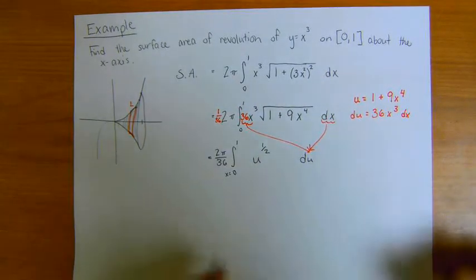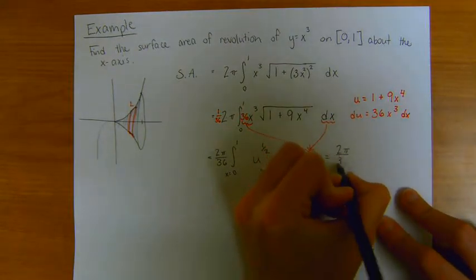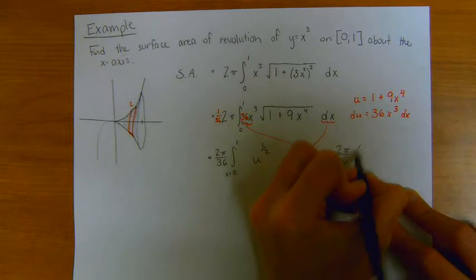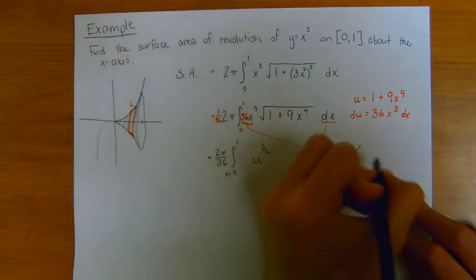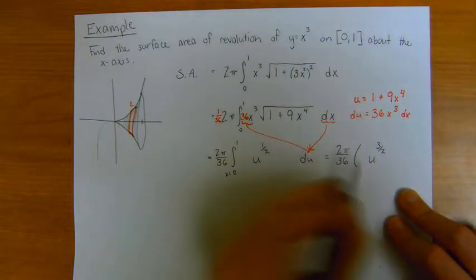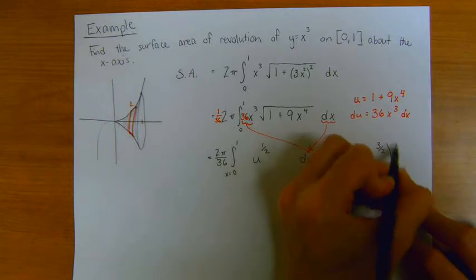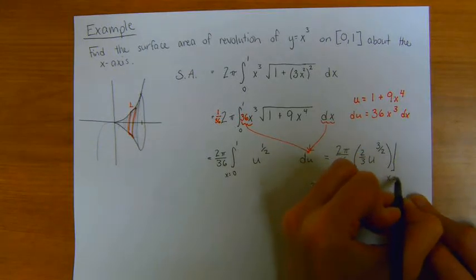And this is something easy to integrate. I can integrate u to the 1/2. That gives me 2 pi over 36, and u to the 1/2 I raise up and it becomes u to the 3/2. And then I multiply by the reciprocal, 2/3. And this is evaluated as x goes from 0 to 1.